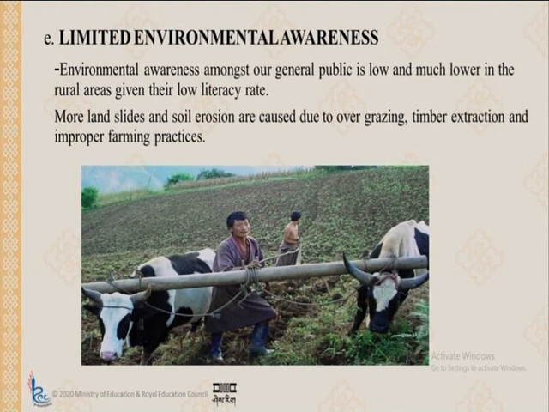Since the farmers in rural areas have a low literacy rate, directly or indirectly they hamper our environment. When they do shifting cultivation, overgrazing, or excessive timber extraction, they do not know the effect on the environment. So, it causes landslides and floods.